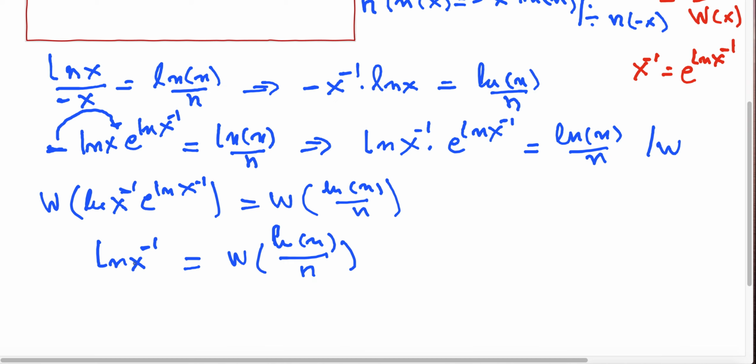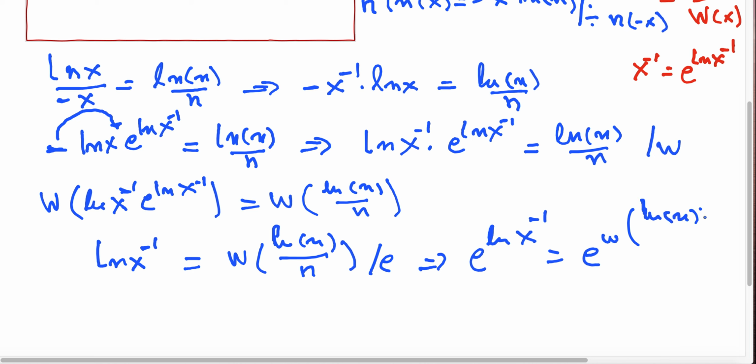And now I want to take the ln of both sides, and from this we can write e^(ln x − 1) is equal to e in the exponent W of (ln n divided by n).